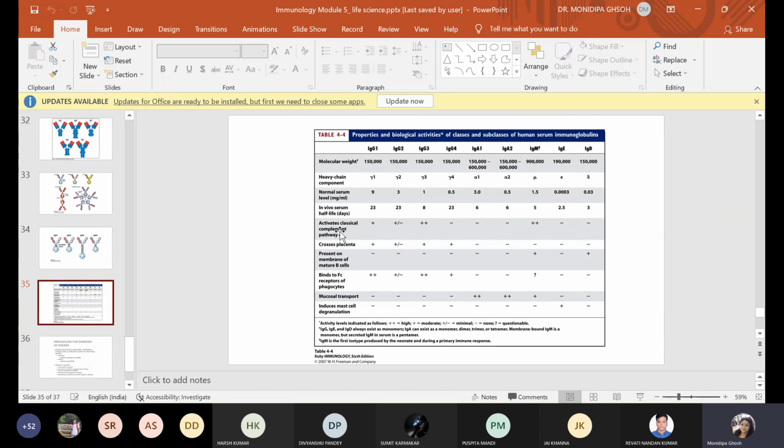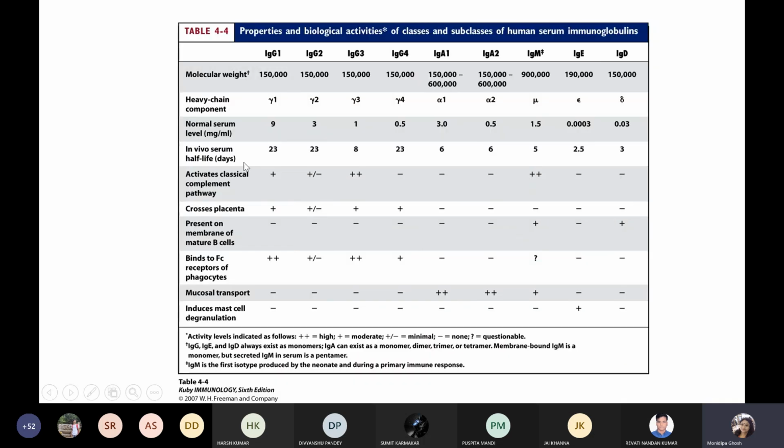Now, what are the functions? This is critically depicted elsewhere, but simply you should know that immunoglobulin M is the first line antibody secreted in the primary immune response. Whenever the body interacts with a pathogen, the innate immune system starts.